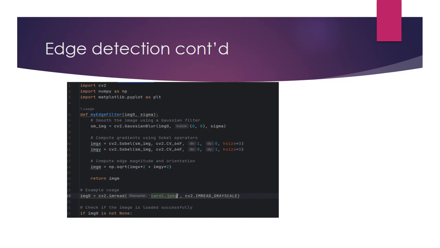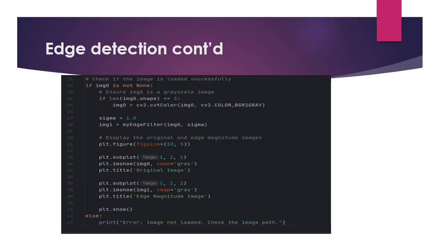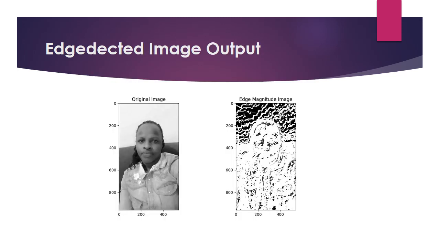So that's how I was able to load my image and detect edges. I again had to put it in grayscale, like you are seeing here, and matplotlib for showing and displaying. Then the edge detected image appeared like this.